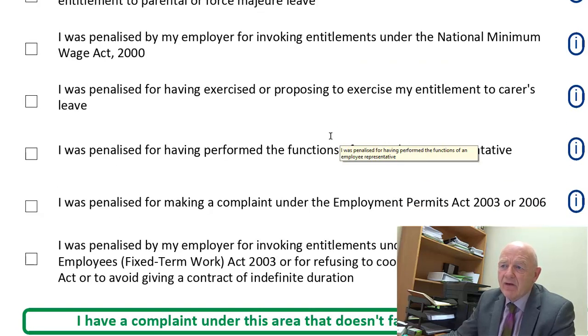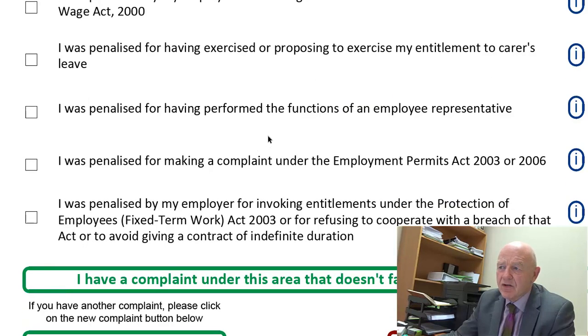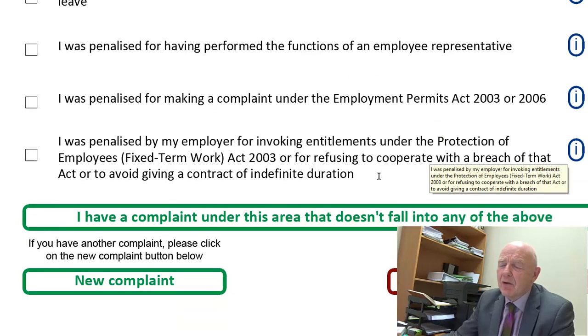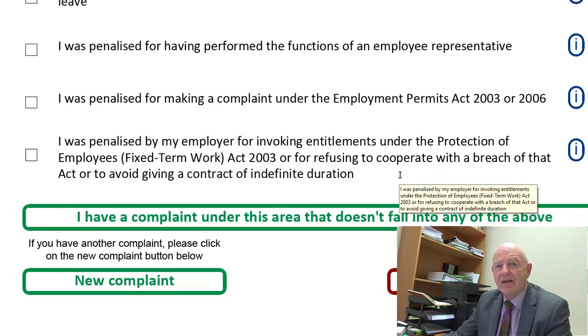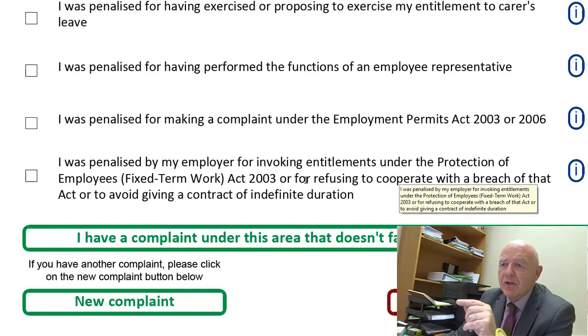I was penalised for having exercised or proposed to exercise my entitlement to carers leave. That's no good. I was penalised for having performed the functions of an employee representative. That's no good if you're wishing to bring a claim for penalisation under the Protected Disclosures Act. I was penalised for making a complaint under the Employment Permits Act. That's no good. And I was penalised by my employer for invoking entitlements under the Protection of Employees Fixed Term Work Act. You can see all of those penalisation options. None of them are any good if your claim is for protected disclosure.